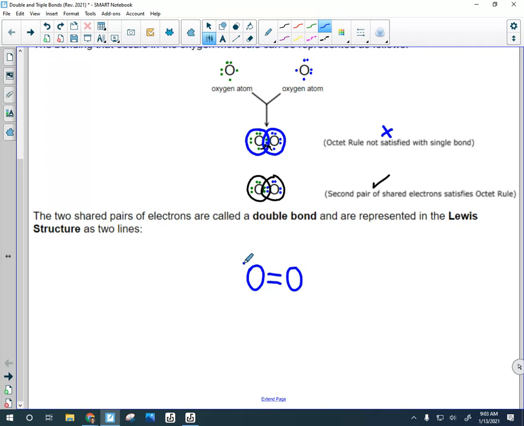So typically you will see those drawn something like this, kind of pushed out in the diagram as far away from each other and the bond as they can get. It's not wrong to draw it more like this, but this is a good way to think of it going forward. So that is our oxygen molecule O2, double bond required to get the octet rule followed. Okay. All right, moving on.